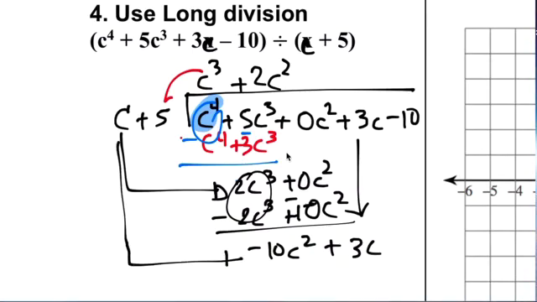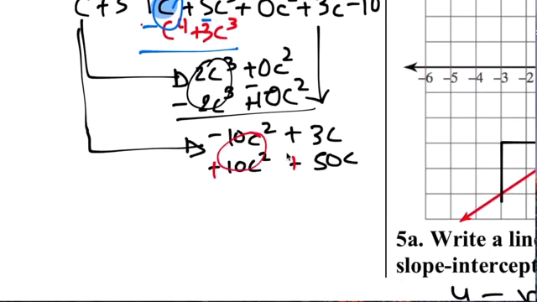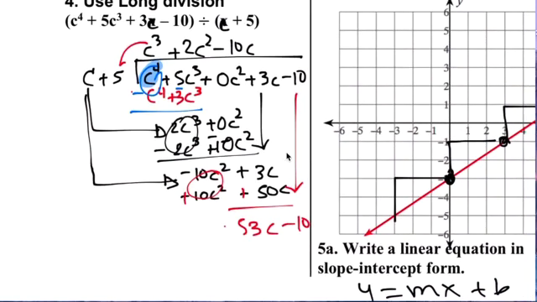That divide into that one, get negative 10c minus 50c, 53c. Bring down the negative 10, add 53, and then you guys finish the rest here. This times this. You got a remainder. Okay.